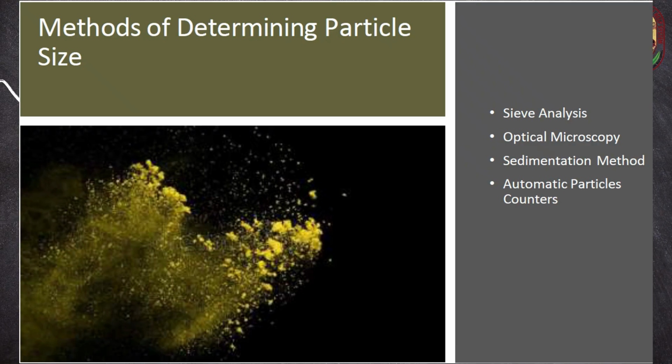Then we have the sedimentation method, which determines size based on how fast particles settle in a liquid, guided by Stokes' law. And lastly, automatic particle counters, which use lasers or electrical sensors to measure thousands of particles instantly with high precision. Each technique gives us valuable insight into how powders behave, whether they flow, mix, or dissolve properly.